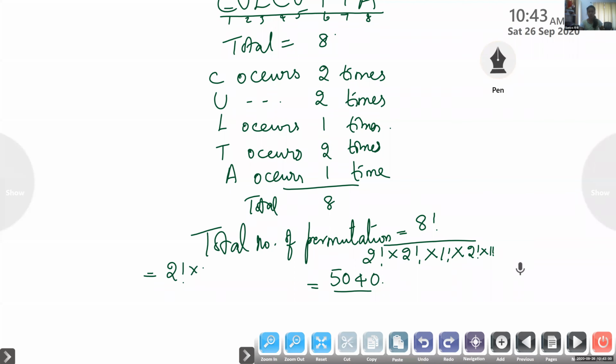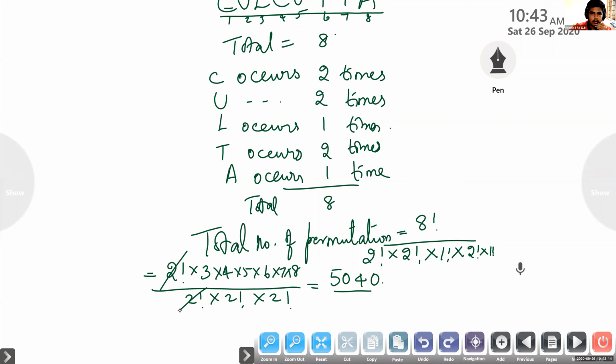Okay. 8 factorial is 2 factorial into 3 into 4 into 5 into 6 into 7 into 8 by 2 factorial into 2 factorial into 2 factorial, isn't it? So 2 factorial will get cancelled, these will get cancelled. So it is 3 into 5 into 6 into 7 into 8, isn't it?